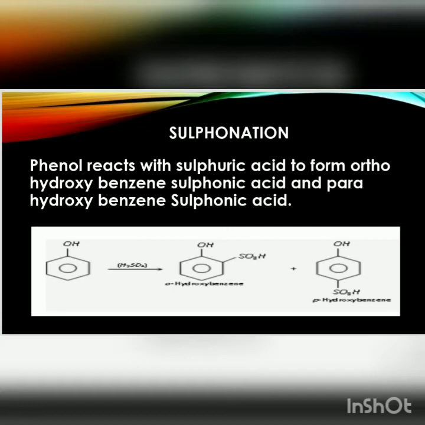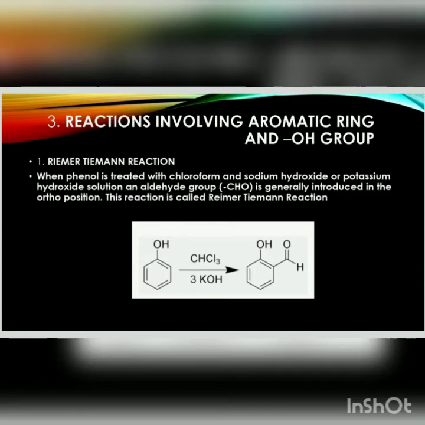You see in the reaction, phenol reacts with sulfuric acid to form ortho-hydroxybenzene sulfonic acid and para-hydroxybenzene sulfonic acid. Yes, the third type of reactions are reactions involving the aromatic ring and OH group.